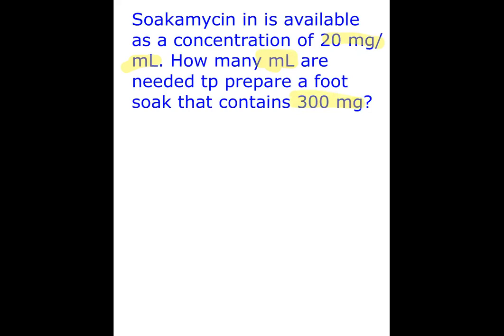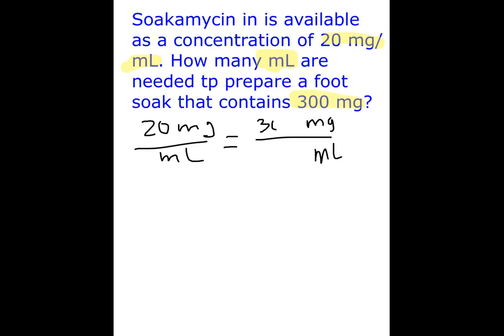So now we can set up our ratios and proportions. So first of all, I'm going to write down my concentration. So 20 milligrams over mLs is equal to, again, we want the same units on top and the same units at the bottom. So we have 300 milligrams. So we're going to add that up there. And the value that we're looking for is mLs.